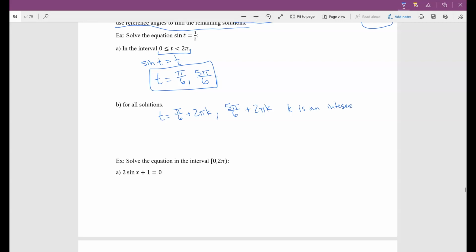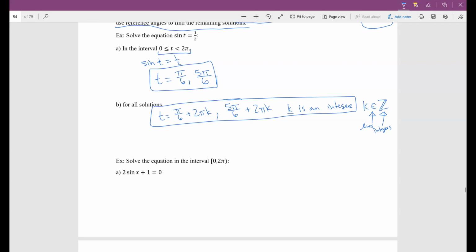Now, a little shorthand notation in case you don't want to write k is an integer continuously: you can write this fancy notation, k, then this funky looking symbol, and then a Z, like a bold Z. This Z is a way to say integers, and this symbol means lives in, or is an element of.